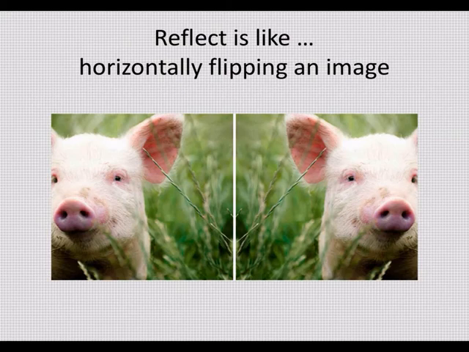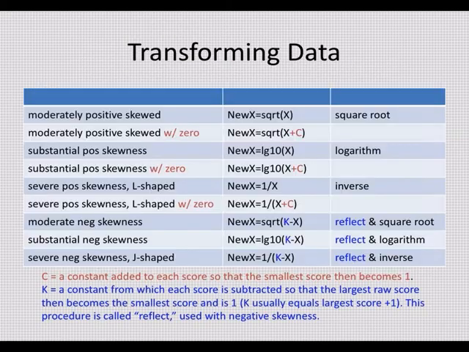So we'll talk about reflecting as one of the 6 approaches when we do data transformation. This is a set of different ways to do data transformation. One is square root, one is log, one is inverse.